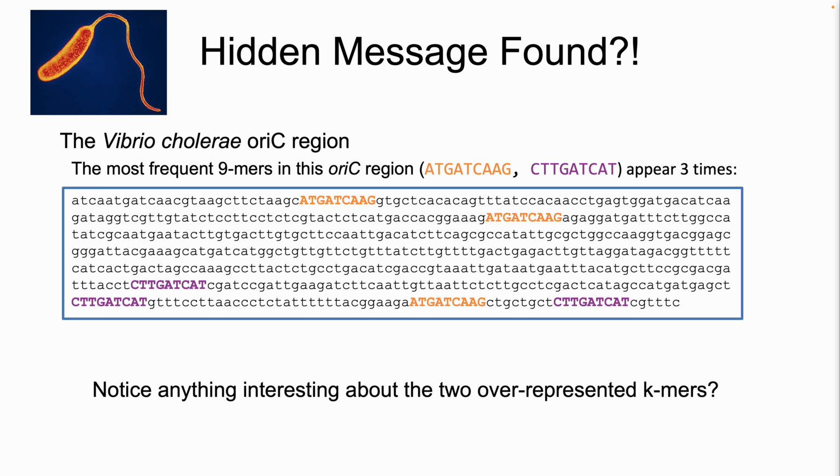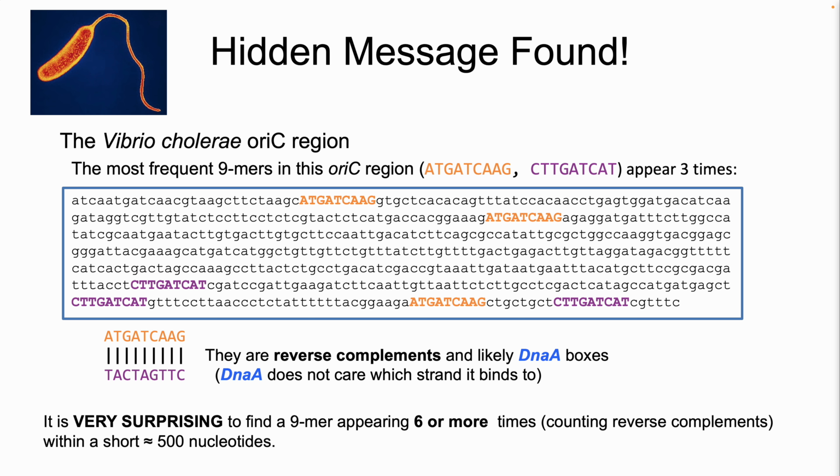Yeah, they're reverse complements of each other. So really, this is one pattern, just on the opposite strand of the sequence. Having it 6 times in 500 base pairs wouldn't happen by chance. So this is a hidden message.